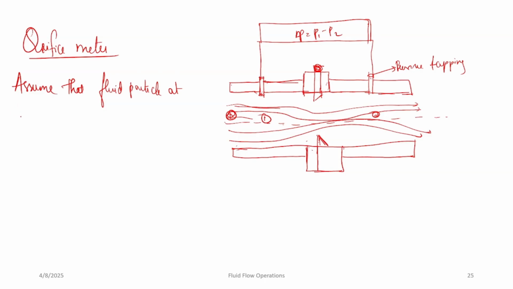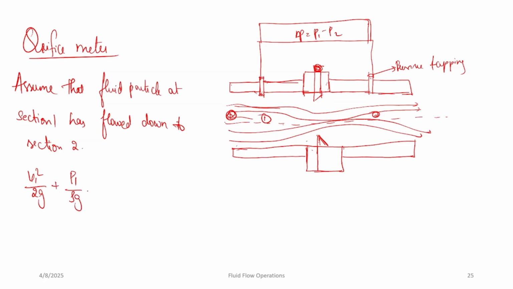So first we need to assume that the particles which pass section 1 also pass section 2. Okay, so then Bernoulli's equation will become V1 square by 2g plus P1 by rho g plus Z1 is equal to V2 square by 2g plus P2 by rho g plus Z2.